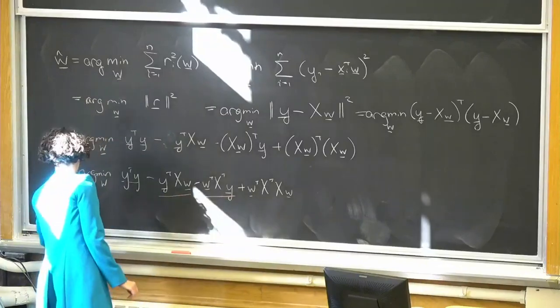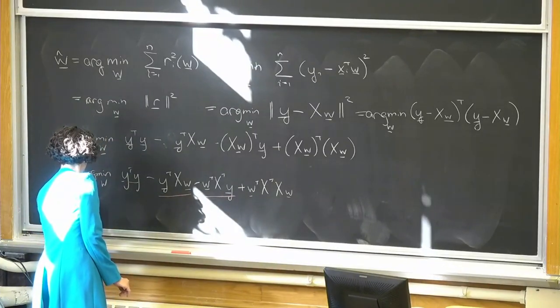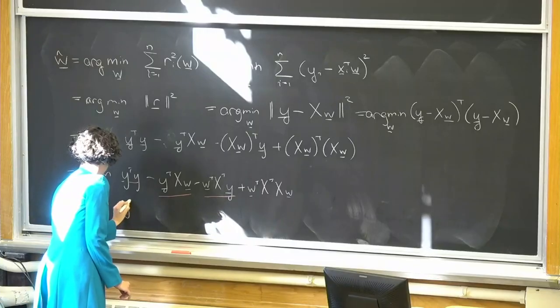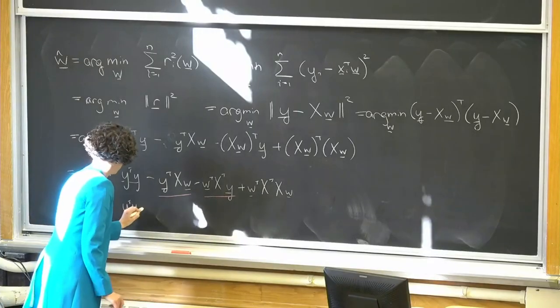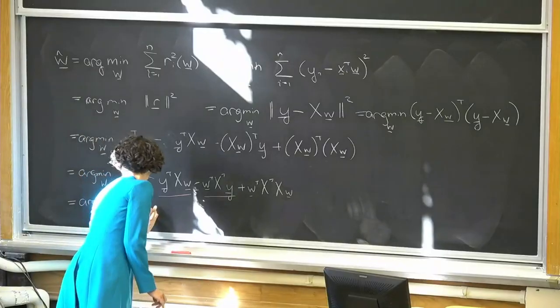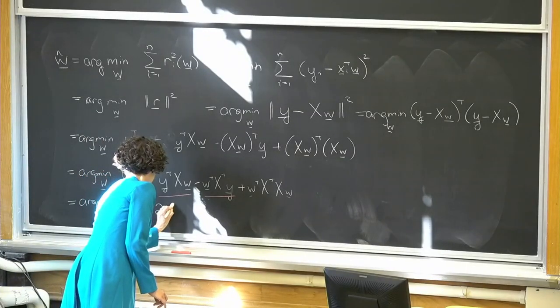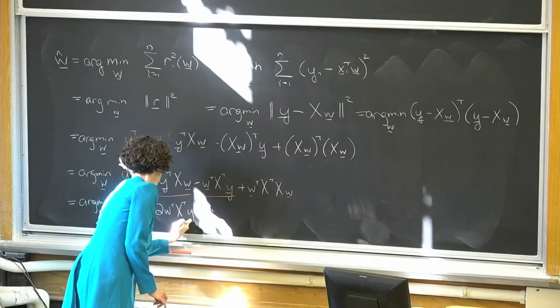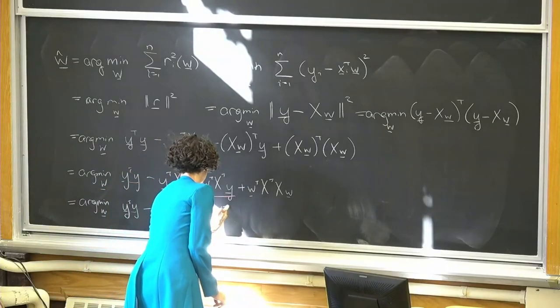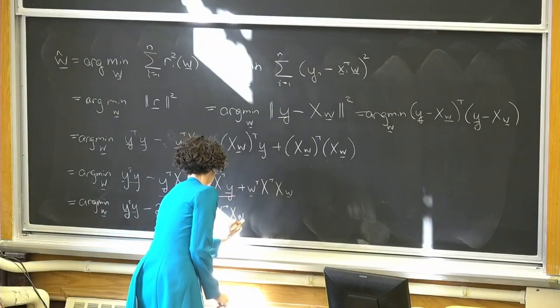So I'm going to combine my terms. I'm going to have the arg min over w of y transpose y minus 2 w transpose x transpose y plus w transpose x transpose x w.